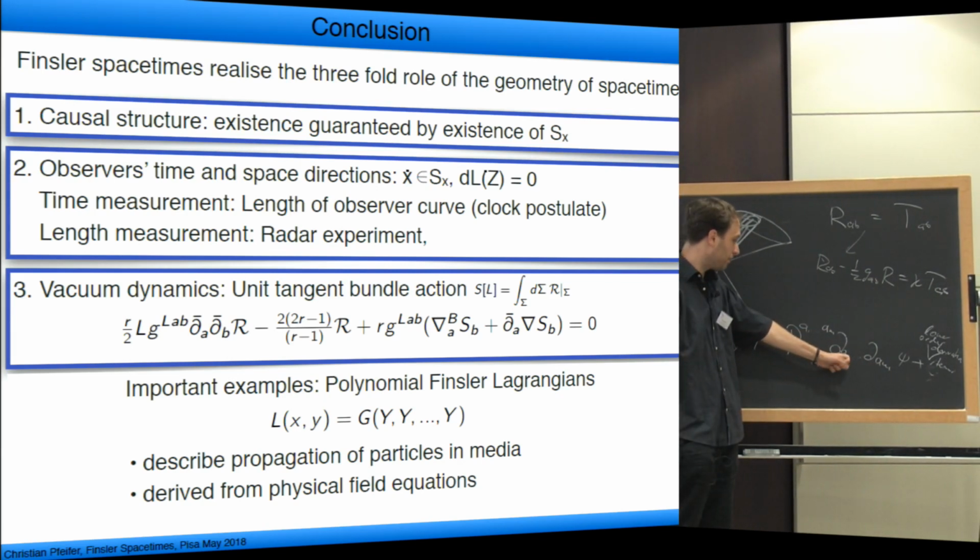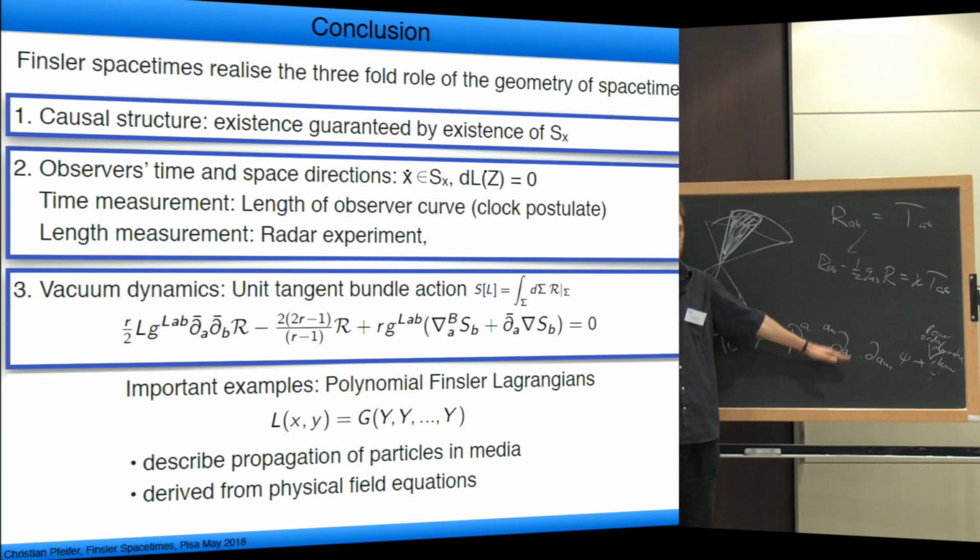When you replace the partial derivatives by wave covectors, doing the geometric optics limit, this must be a hyperbolic polynomial. And this hyperbolic polynomial is then such a dispersion relation, which we had on the cotangent bundle of the spacetime. And in order to be quantizable, this hyperbolic polynomial on the cotangent bundle must possess an algebraic dual, which is also a hyperbolic polynomial, which would be our Finsler Lagrangian as an mth order polynomial.